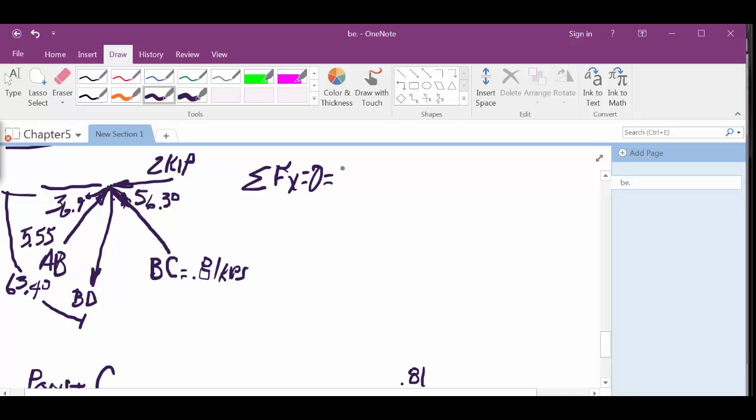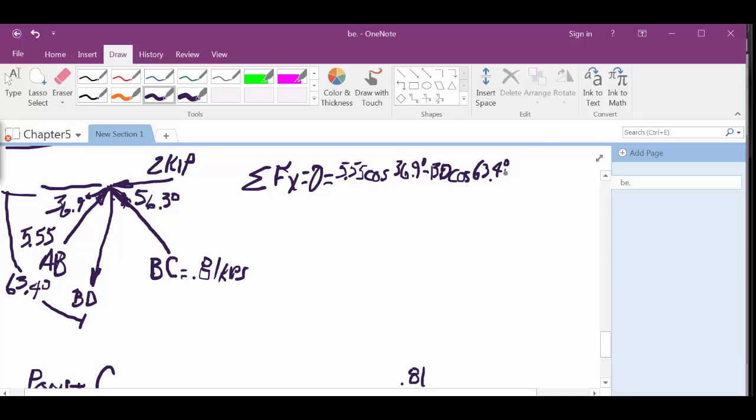It's going to be 5.55 cosine of 36.9 minus BD cosine of 63.4. And that's a D, sorry.